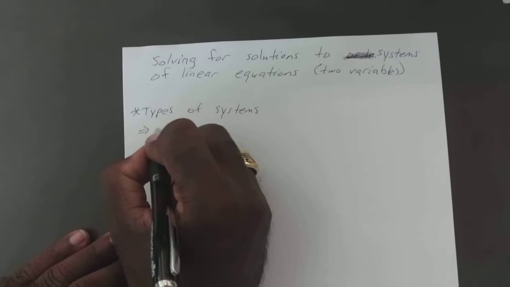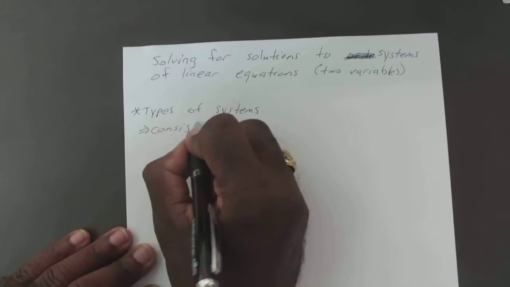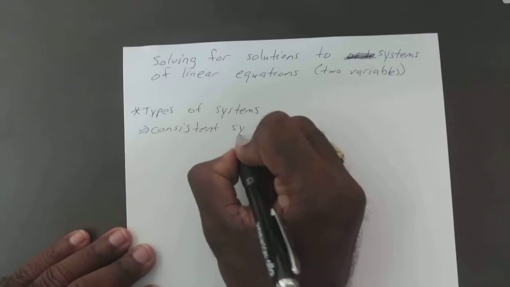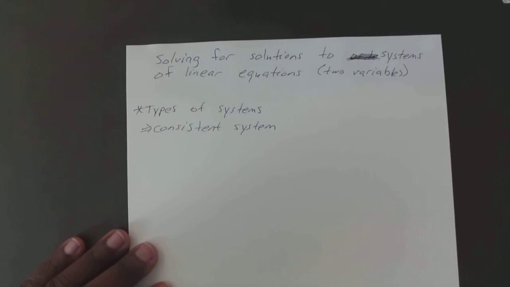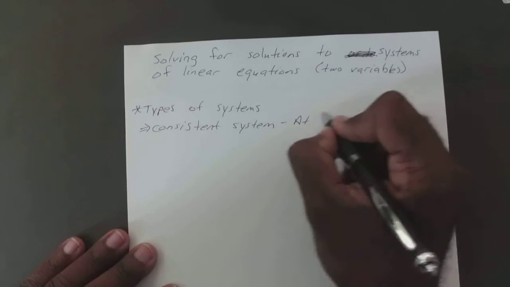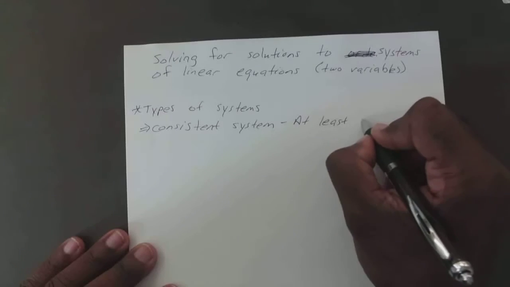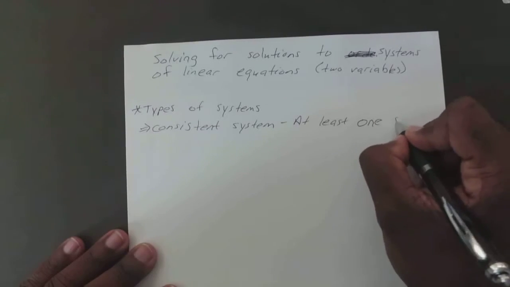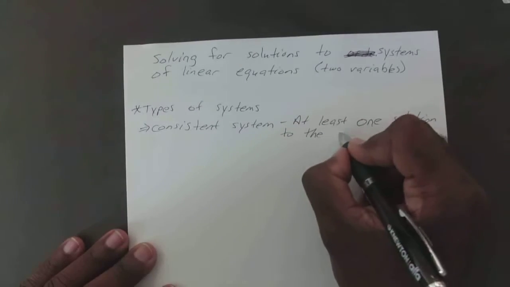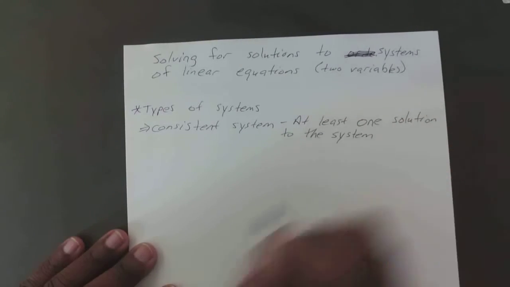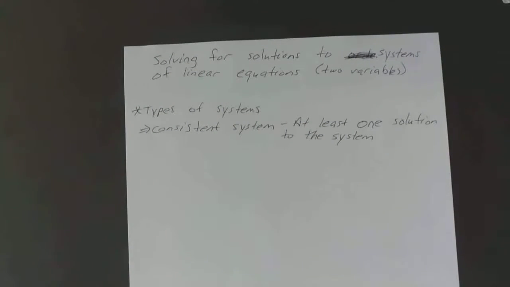You have a consistent system. That's where you have at least one solution. Could be more than one, but you have at least one solution to the system. Okay, now inconsistent means that no solution exists at all, just doesn't happen.